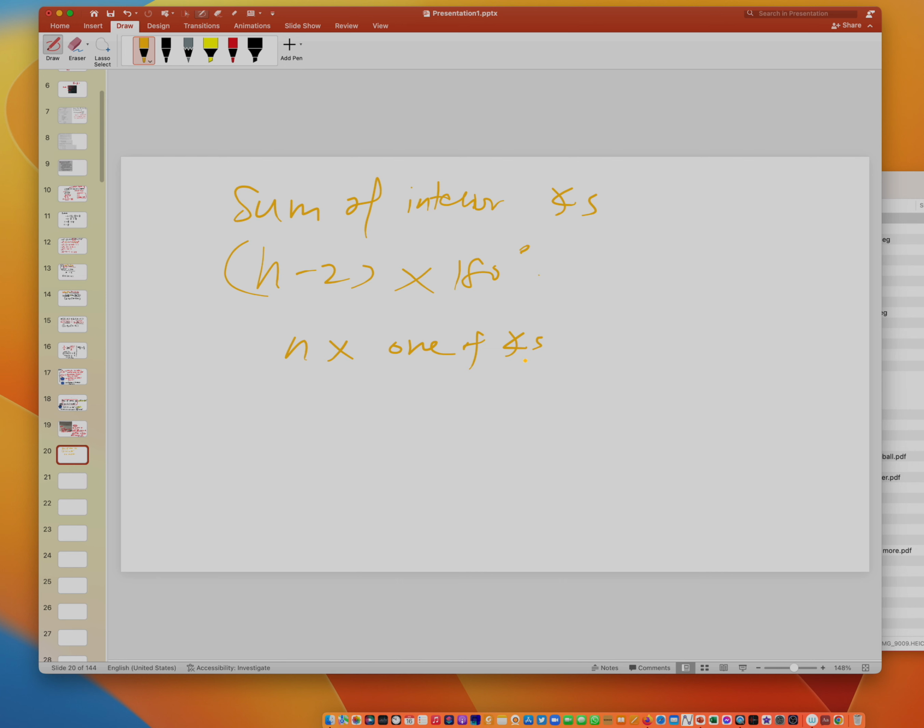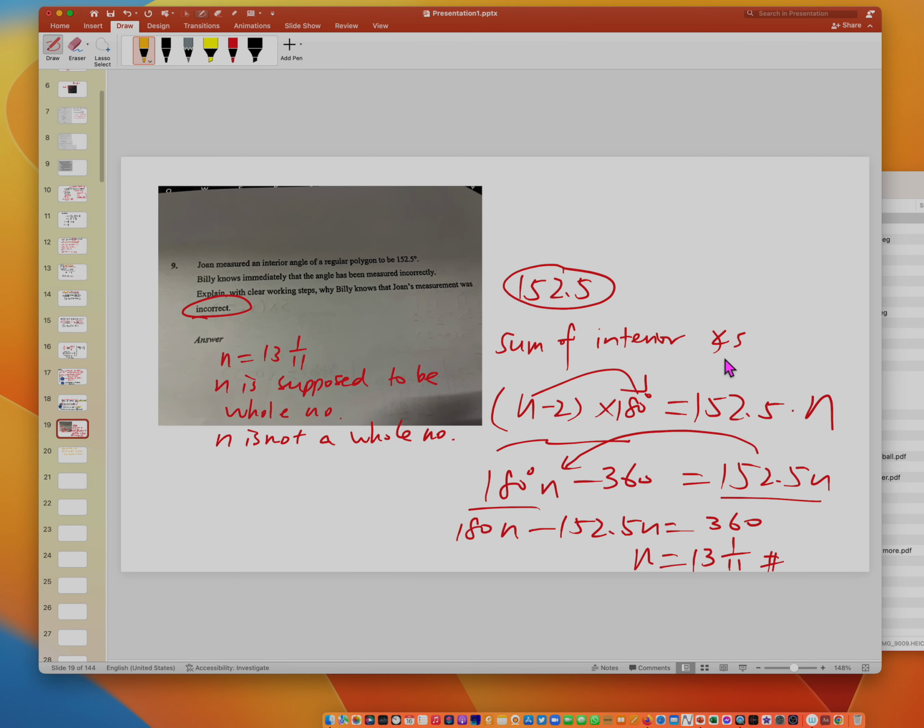And they should give you the same answer, right? So you can equate them. That's why I end up with an equation, left hand side, right hand side.